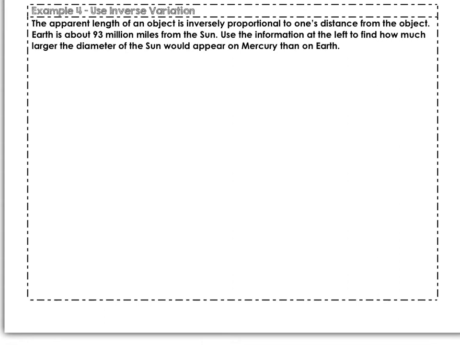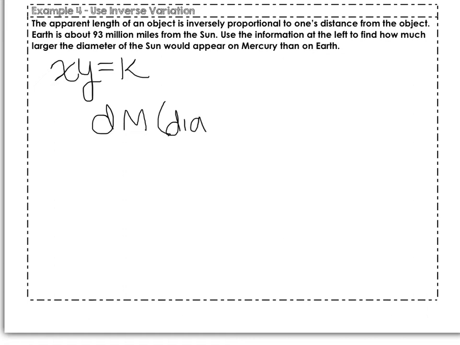So, inverse variation can be looked at in multiple ways. One of the ways that your textbook also uses is x times y is equal to k. That's why you can set proportions equal to one another. And so the relationship that your textbook is going to be using for this problem is the fact that the distance from Mercury multiplied by the diameter from Mercury is going to be equal to the diameter from Earth multiplied by the distance from Earth, okay?